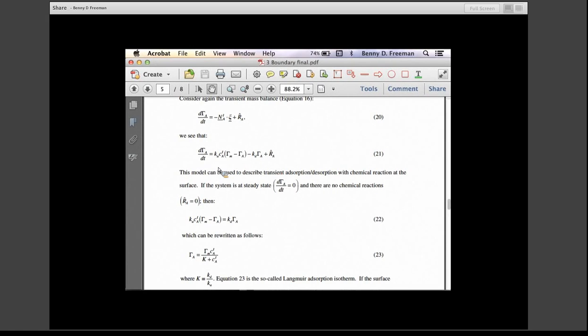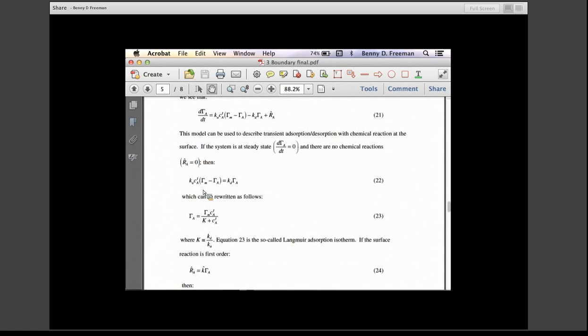And in situations where there's no chemical reaction, the only terms that are left are these two. And what that says is that at steady state, at a surface where a component can adsorb to that surface, if there's no chemical reaction, the rate of adsorption to the surface must be equal to the rate of desorption, right? There's nowhere else for the molecules to go.